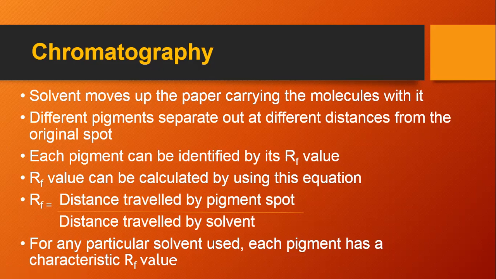Each pigment can then be identified by calculating the RF value. RF value, we know, stands for retention factor. The RF value can be calculated by using this equation: distance traveled by the pigment spot divided by distance traveled by the solvent. Soon we will see that as the process of chromatography starts, the single drop of extracted pigment which was placed on the paper strip starts separating into different lines as the solvent is moving up, and at a certain distance they are going to stop.